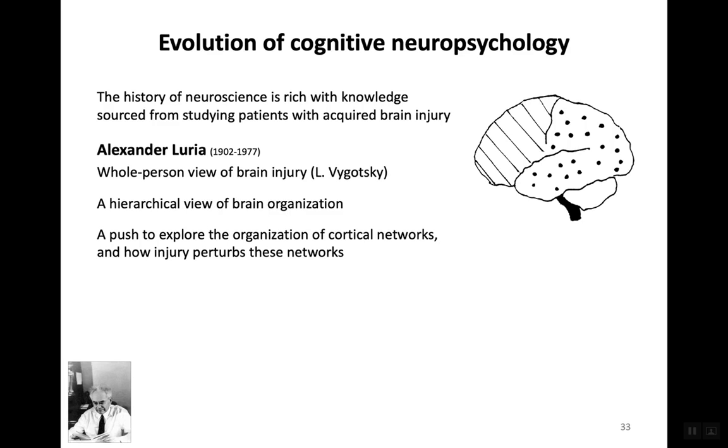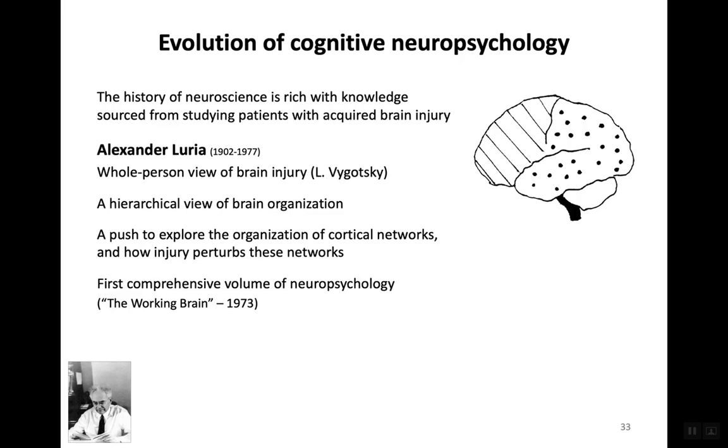Hence, Luria pushed the field towards exploring the organization of cortical networks as opposed to simply dissecting independently, separately, the profile of different areas. And furthermore, he pushed the field to study how injury within one given area perturbs the functioning of an entire network that comprises that area.